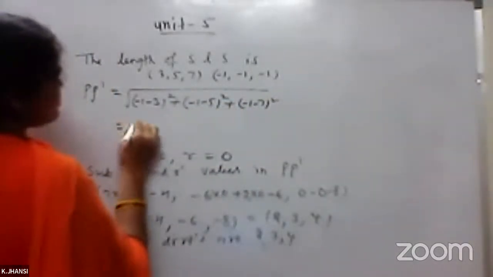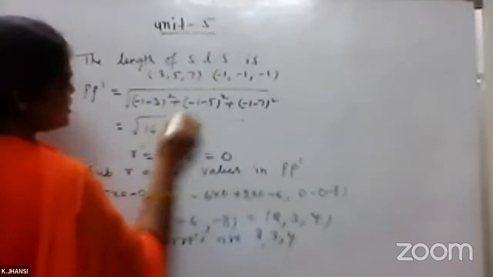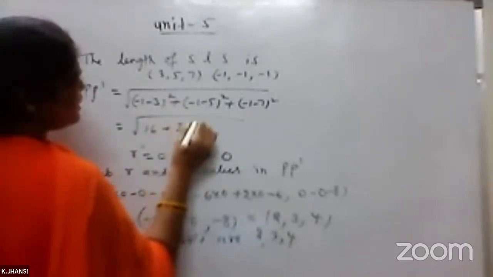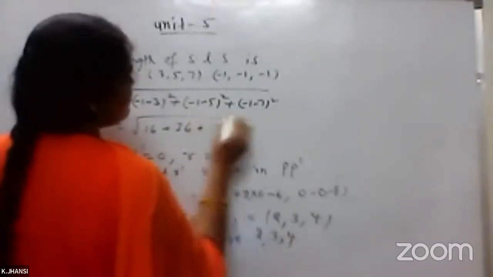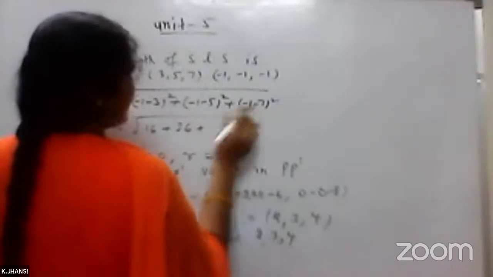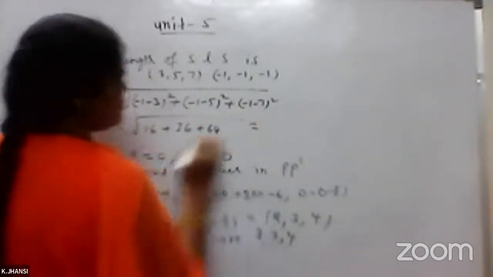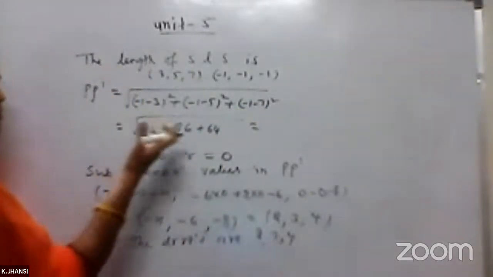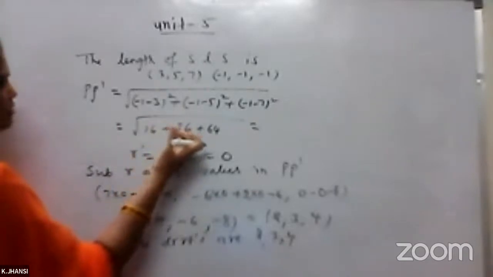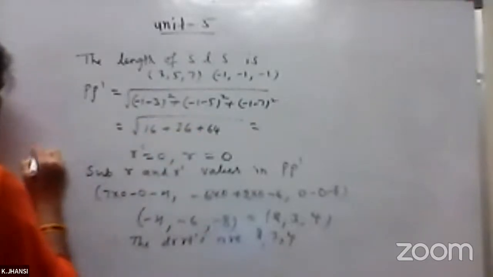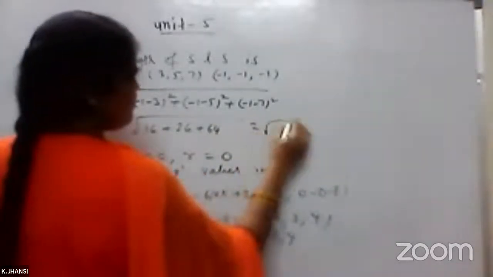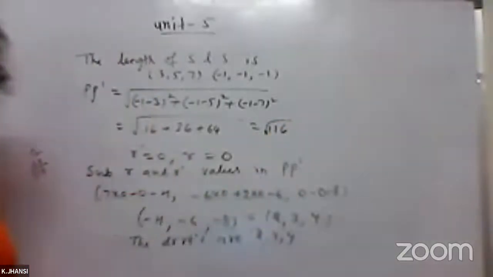That equals -4 squared is 16, -6 squared is 36, plus -8 squared, which is 64. 16 plus 36 gives 52, plus 64, so we'll get root 116.